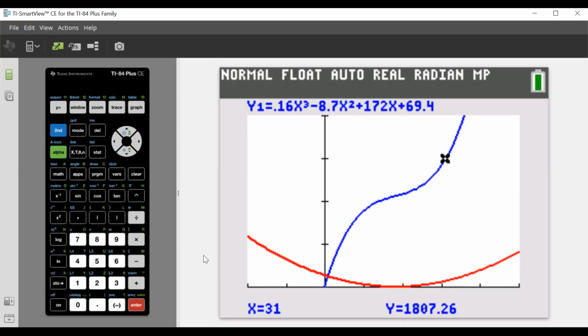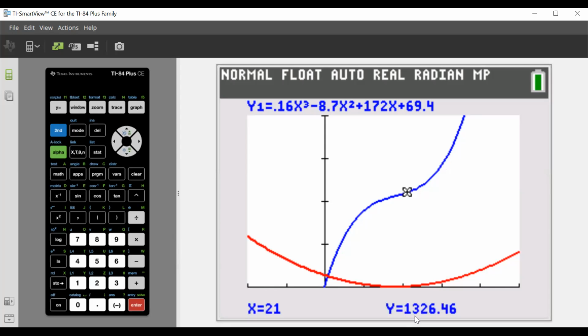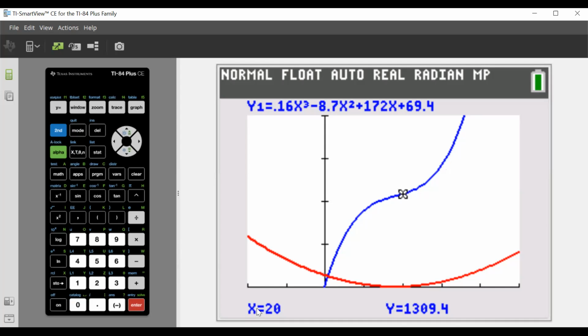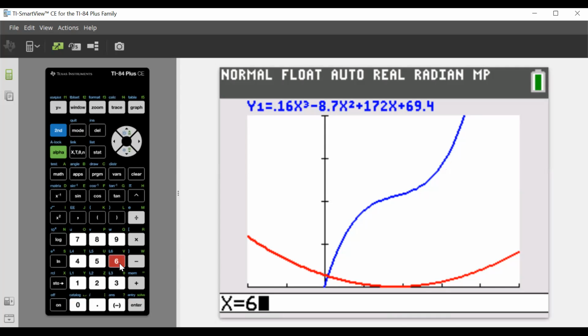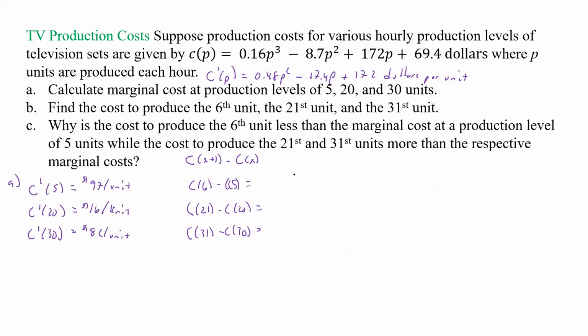Then for 21 and 20, we have 1326.46 and 1309.4. Then we need 6, which is 822.76, and 5 is 731.9. So we'll plug all those in.